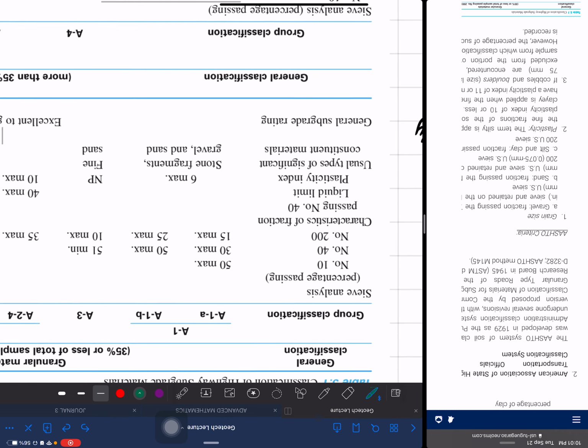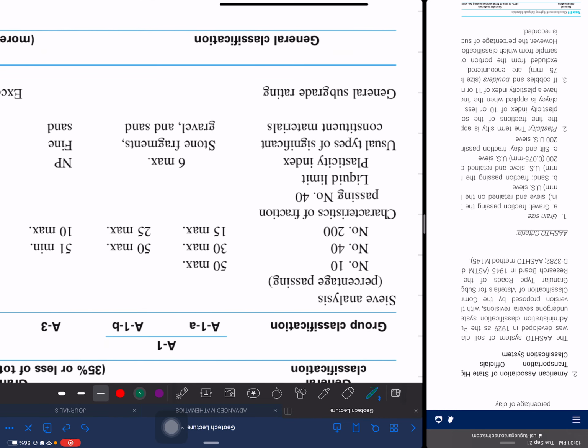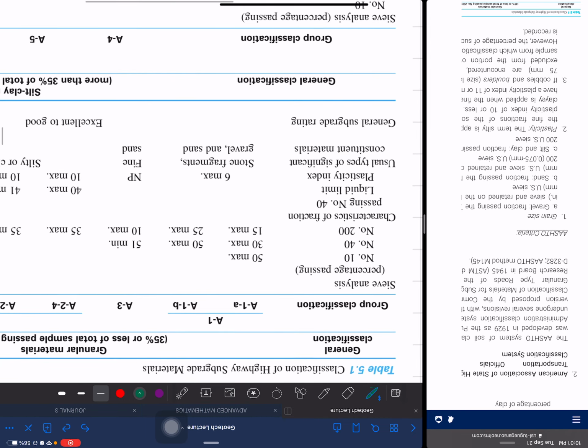Okay. So, for example, meron akong binigay na parameters, percent passing sa number 10, percent passing sa number 40, and percent passing sa number 200. Ngayon, titingin kayo starting from the first column papunta sa right, okay, kung anong condition yung nasa-satisfy ng soil sample natin. Okay?